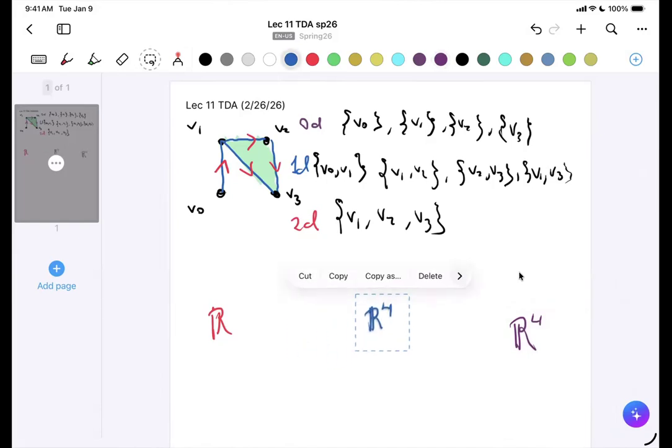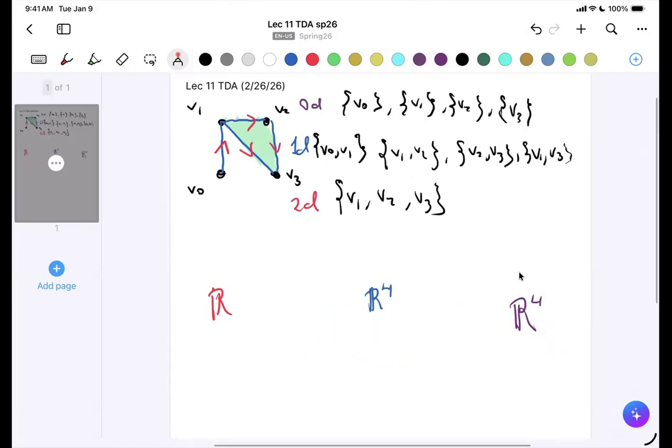And the way you're thinking about each of these vector spaces is that, again, for example, for the third one, which is R^4, the purple one, it is four-dimensional, so it has a basis, right? And you think of the vertices themselves as a basis for R^4. So in an abstract way, each of the vertices represents a basis element.